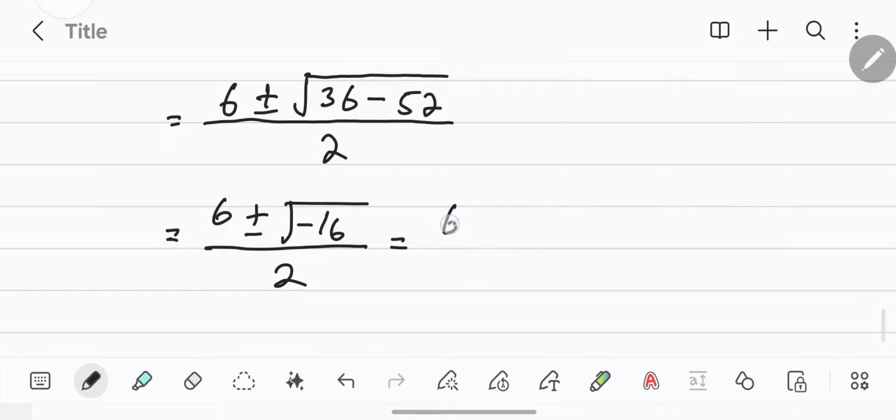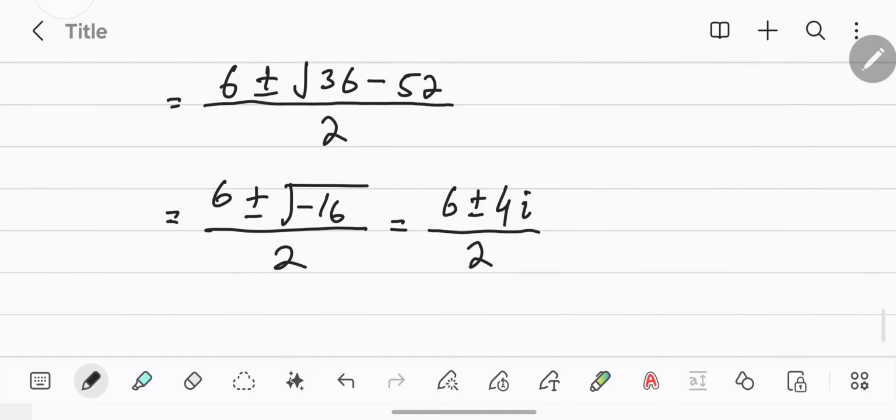Okay, 6 ± the square root of 16 is 4, but the square root of a negative is iota. So I will write 4 iota divided by 2. Now I will write the real part and the imaginary part each over the denominator.